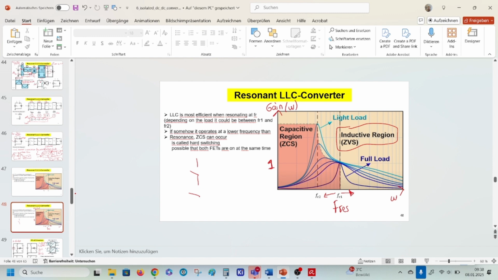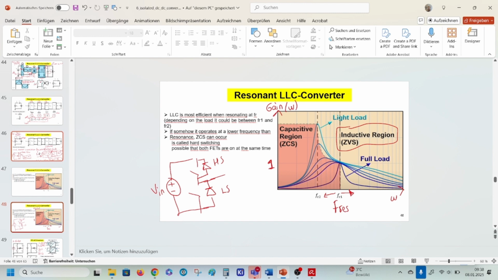High side and low side FETs shouldn't be turned on at the same time.